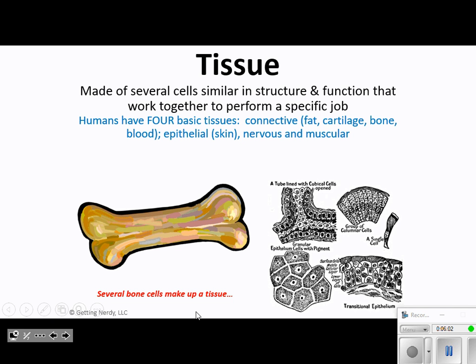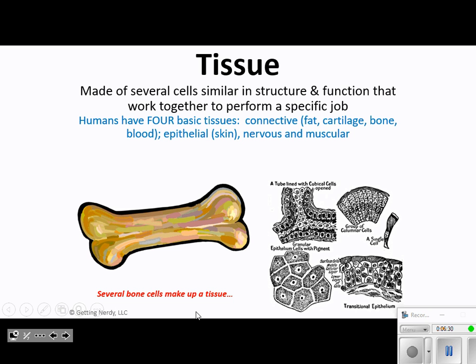Muscular is tissue of our muscles. Epithelial is our skin tissue. And finally, the connective can be cartilage, fat, bone, or blood. So those are the 4 different types of tissue that you and I have in our body.